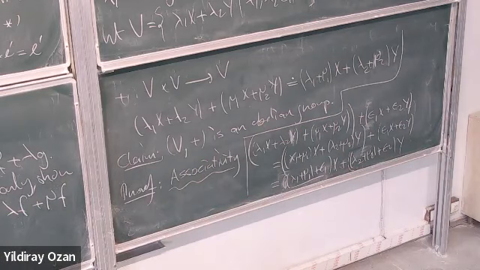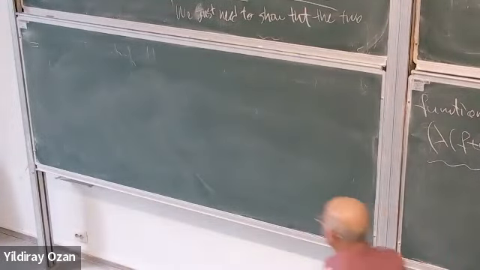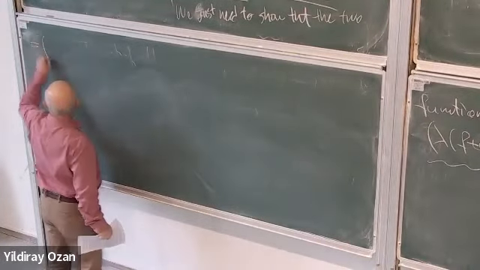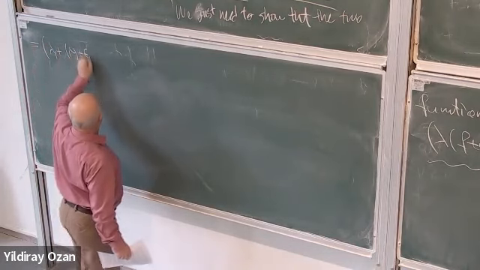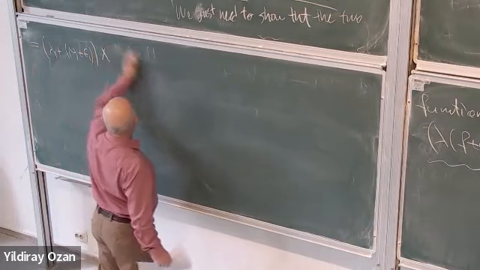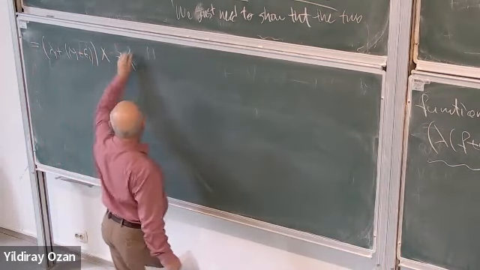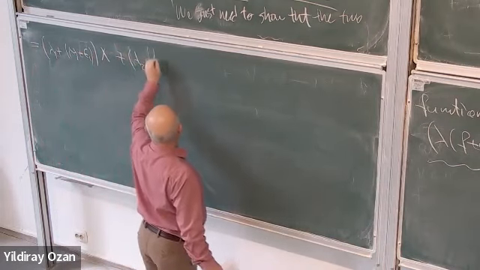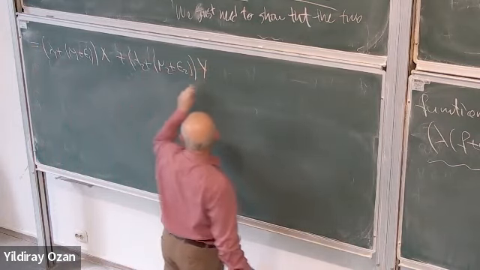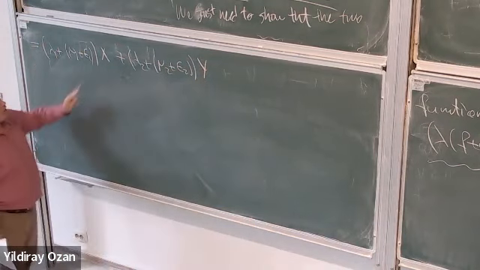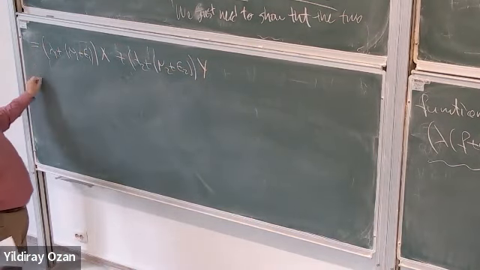Okay, let me change the board. So that's equal to the following. I can write it this way: lambda 1 plus mu 1 plus epsilon 1 times x plus, similarly, lambda 2 plus mu 2 plus epsilon 2 times y, because the addition operation on real numbers is associative.